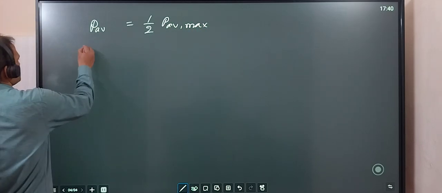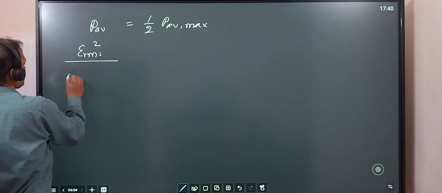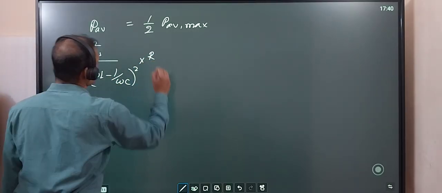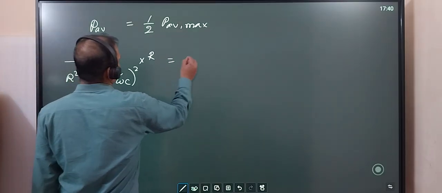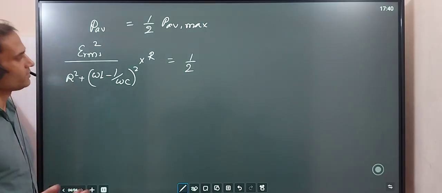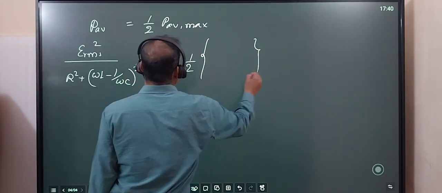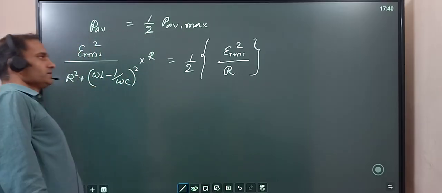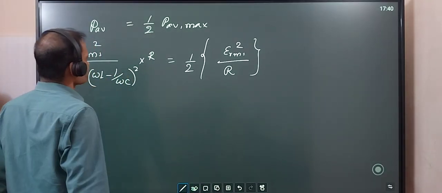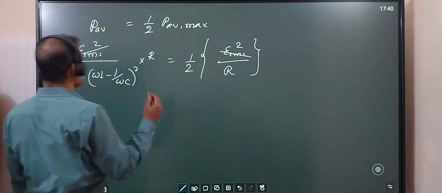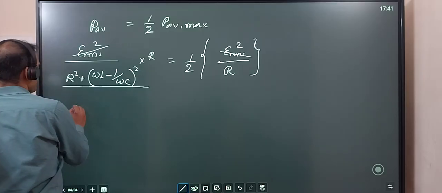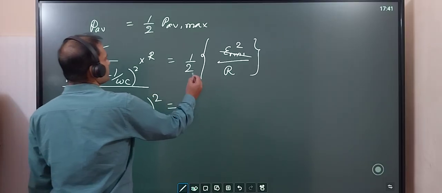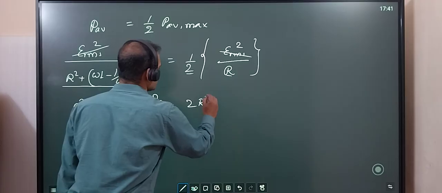P average was E RMS the whole square by R square plus omega L minus 1 by omega C the whole square, into R. This half is part of the condition, and this is the maximum average power, E RMS square by R. Clearly E RMS part is gone, and you will get on one side R square plus omega L minus 1 by omega C the whole square, and on the other side you will get 2R square.